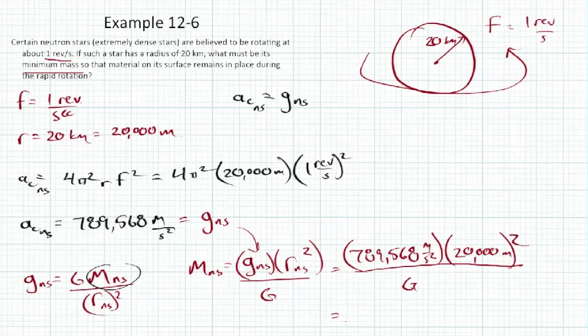If we multiply all that out, and did I even do this right? You know what? Let me do this real quick again. Well, I got 2.37 times 10 to the 20th kilograms. 10 to the 20th. I don't even know what that is.